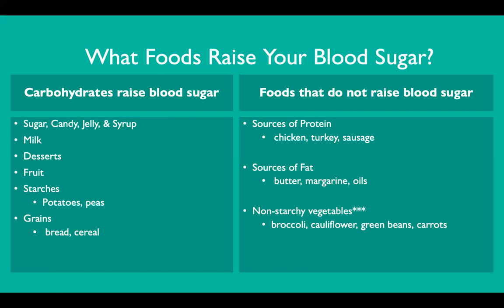And then foods that do not raise your blood sugar or have little effect on your blood sugar are protein or sources of protein. So, again, going back to the macronutrients, sources of protein are like chicken, turkey, sausage, plant-based options could be like peanut butter, and then sources of fat. So, butter, margarine, oils, are examples of fat.